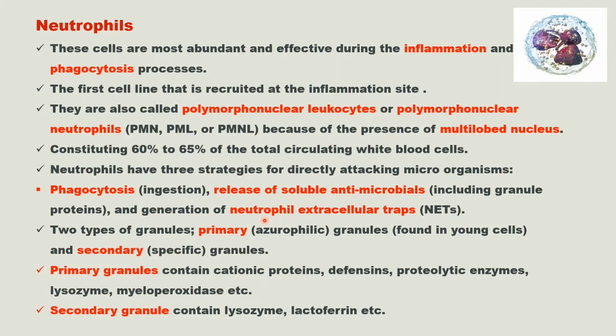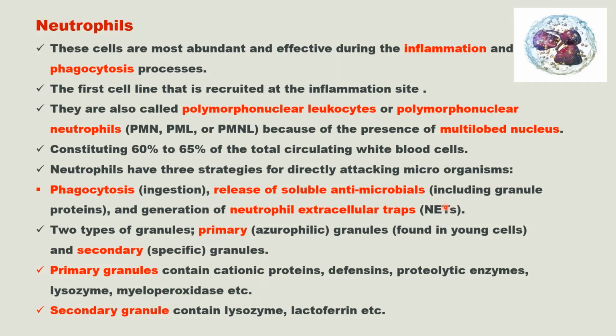And third is generation of neutrophil extracellular traps or NETs. A neutrophil extracellular trap is an extracellular structure that is able to bind and kill microorganisms. This extracellular structure is mainly composed of chromatin fibers.